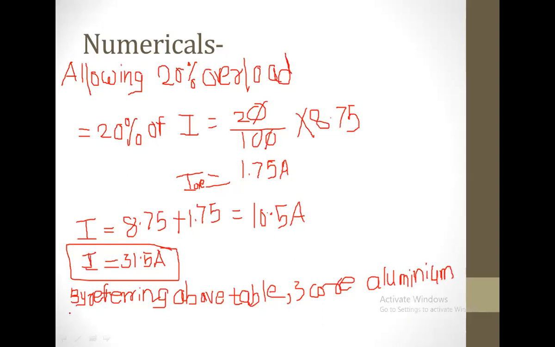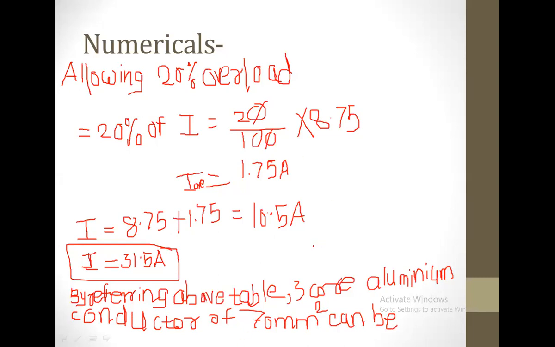By referring to the above table, a three-core aluminum conductor of size 70 mm square can be selected to carry the given load.